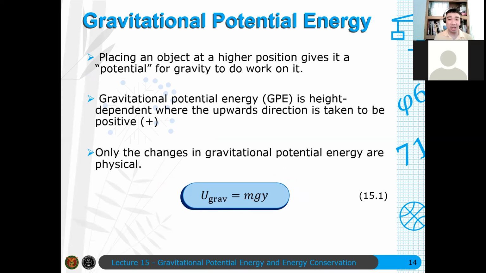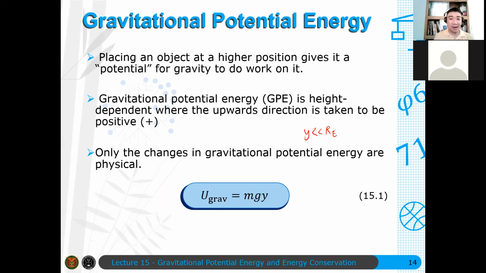Again, the assumption here is that y should be much less than the radius of the Earth. Dapat malapit siya sa Earth. Pag hindi, we will see that in our discussion of gravitation, which will be matagal pa yun. Maybe on December. Okay? Questions. So we can define the gravitational potential energy in terms of the work done by gravity at a certain position.